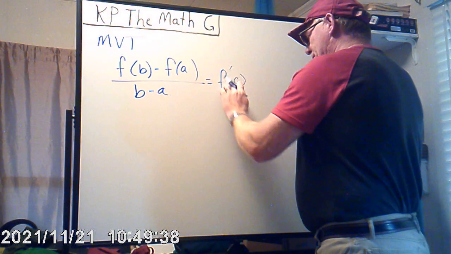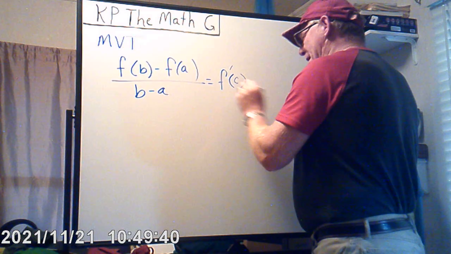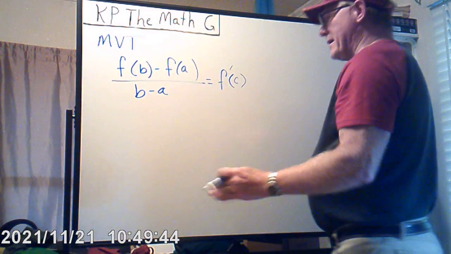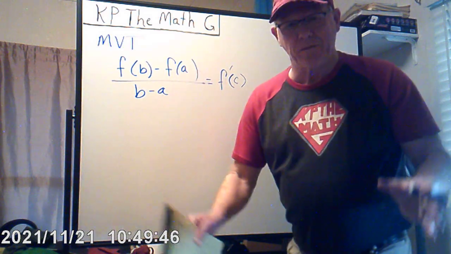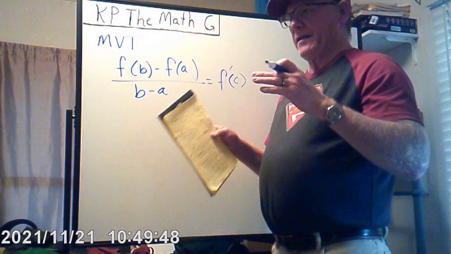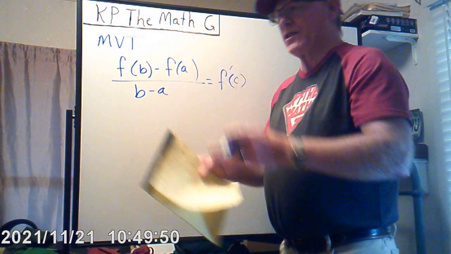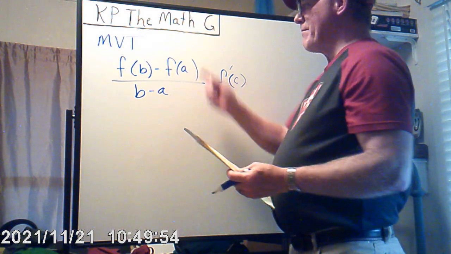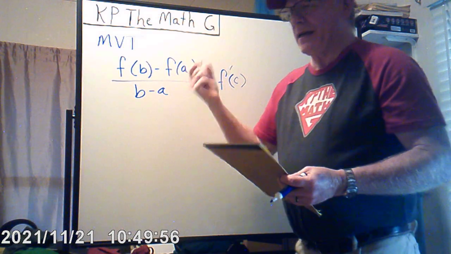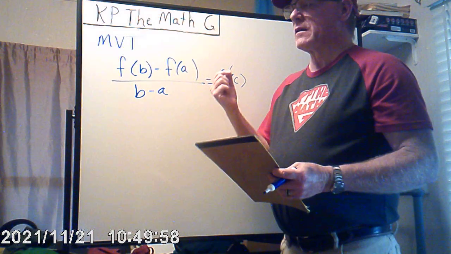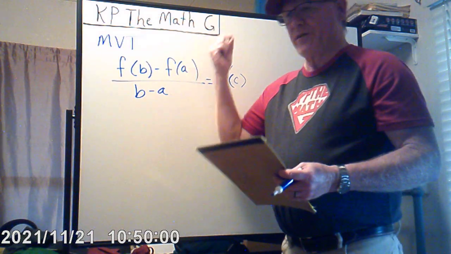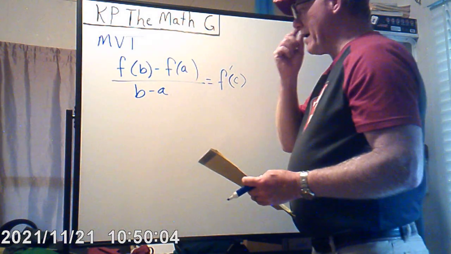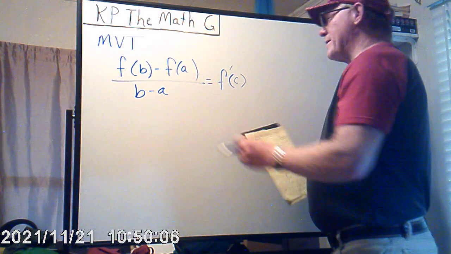There is a c between. We can guarantee that, and of course again, it's differentiable, which means that automatically it is continuous. Differentiable and continuous.